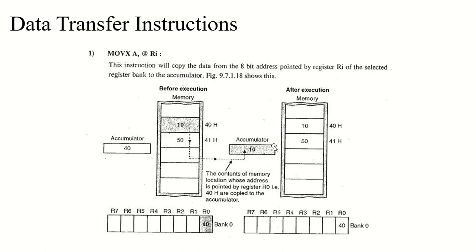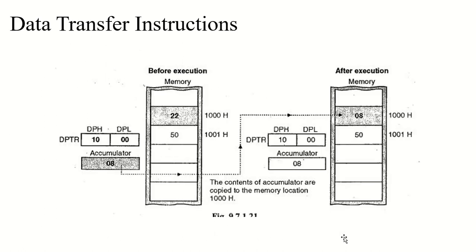So we are having 10 in the accumulator after execution, and the content of the source register will remain unchanged. So 40h will still have 10 and R0 will still have 40. There will be no change in it. Simple enough. Now let's see the next one.